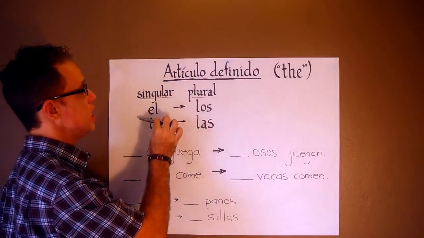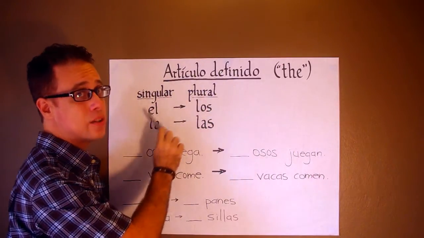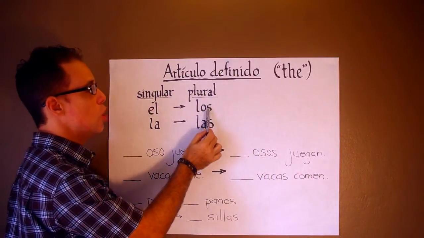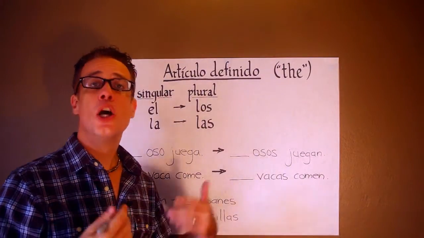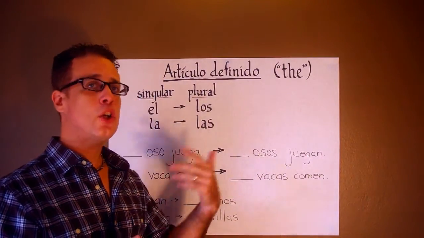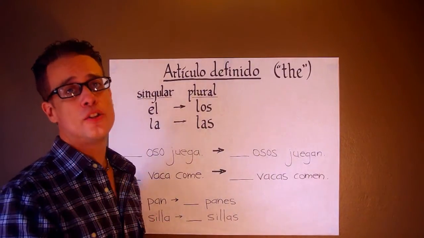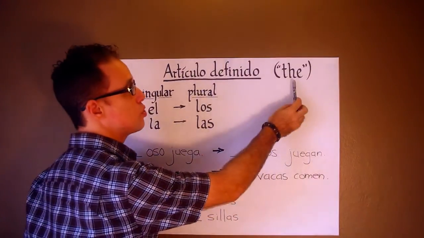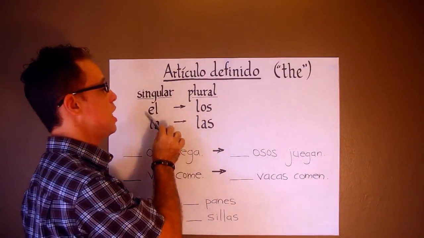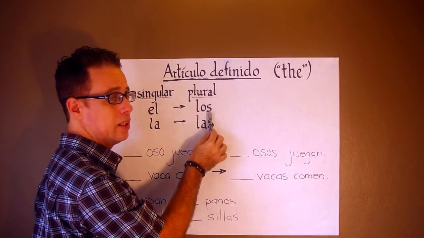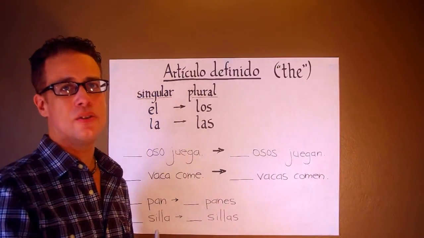Now, if you're gonna change it to the plural masculine, it will be los carros. Let's take the same example. Los árboles. The trees, okay? You use always the in English, but in Spanish you have to change it to the plural masculine, los árboles, okay?